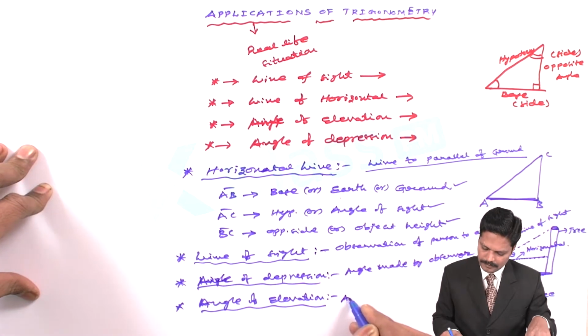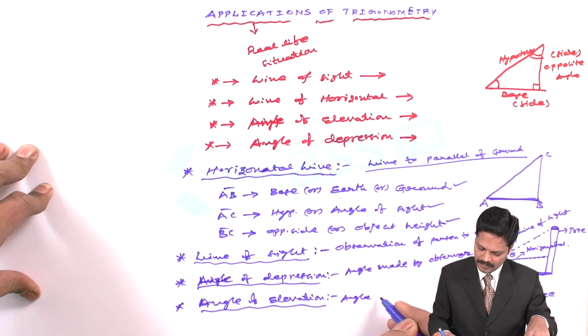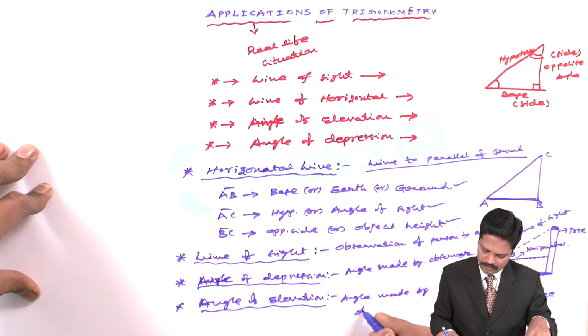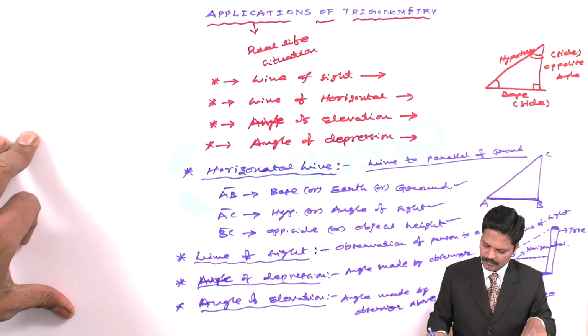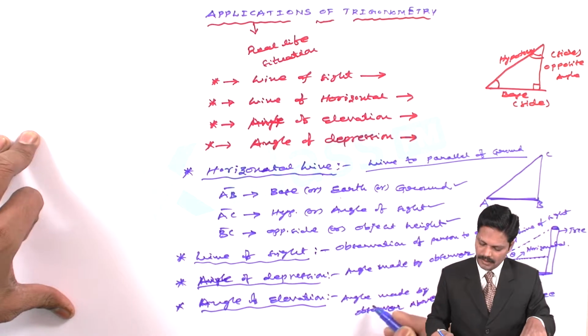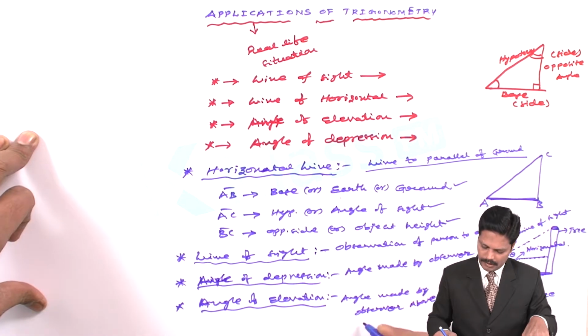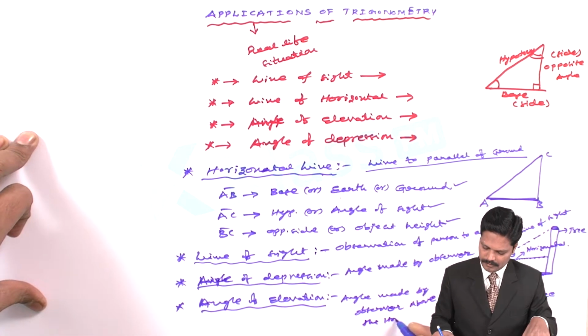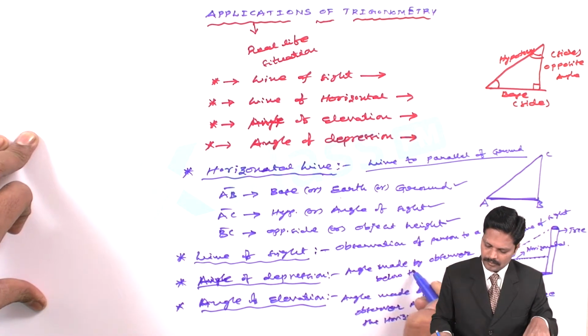Here also angle means the angle of elevation, angle made by the observer above the horizontal, and here below the horizontal.